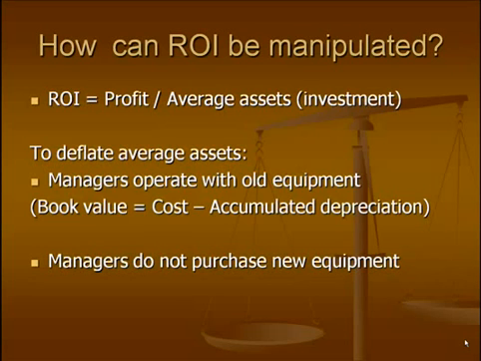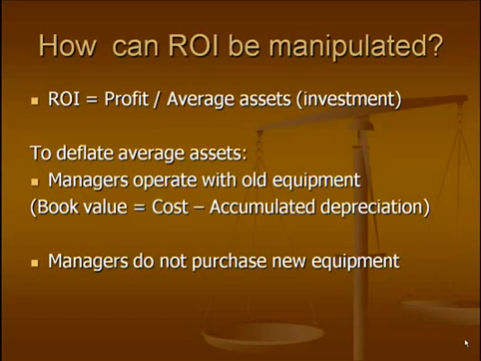We did this before. Book value equals the cost minus accumulated depreciation. The average assets, which is the denominator of the ROI formula, is valued using book value.